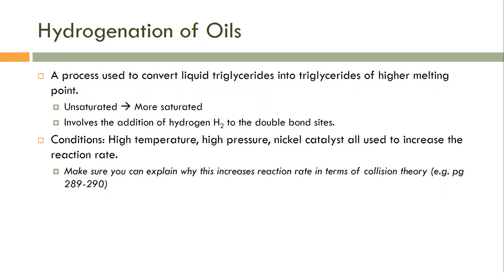By saturating all the double bonds, making all of them into single bonds, they get margarine, which is solid-ish at room temperature. I guess they change the amount of unsaturation, so you can make it still spreadable at fairly low temperature, like fridge cold temperature. But yeah. So the unsaturated part will become more saturated, and it involves H2.